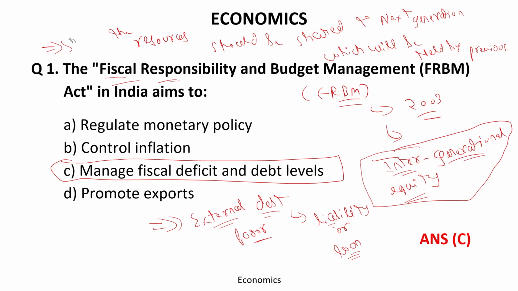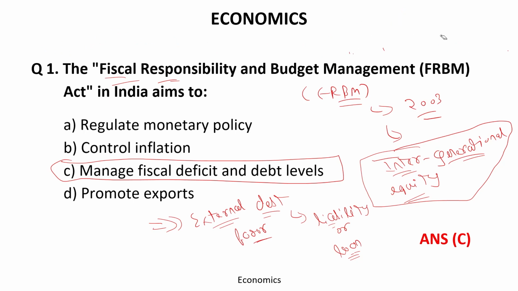Let's take an example. If we have financial resources of rupees 100, then if we have external debt of 10, 20, 30, 50, we are fine. We are fine as long as this debt is low.